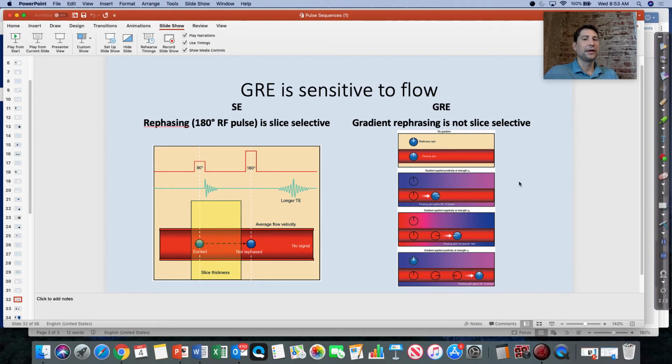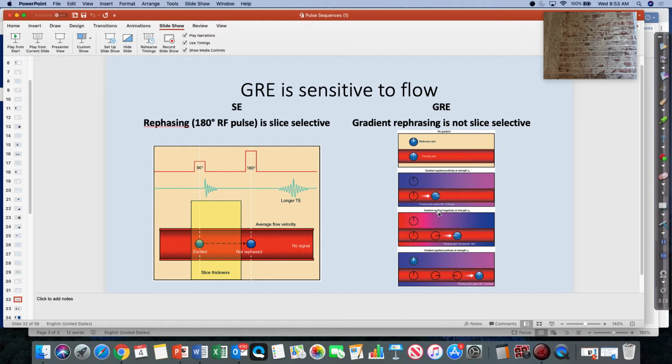But here on the gradient echo side, we're not slice selective with our 180-degree refocusing pulse because we don't have a 180-degree refocusing pulse. The gradients refocus the spins, and you have gradients along the entire length of the bore of the magnet. So imagine if you are starting your slice at your ankle, and you have flowing blood coming from your ankle, and then by the time you rephase it, it's all the way up, say, back at your heart.